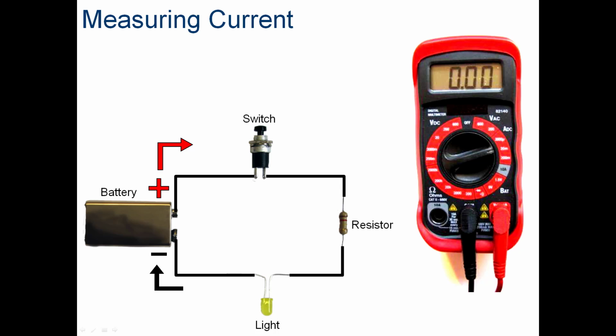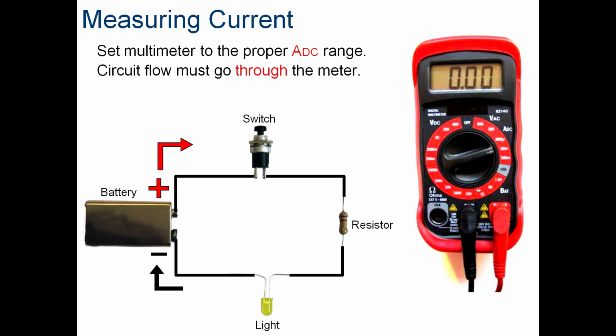So to measure current, what I have to do is set my meter to the amp range. Now we're DC in this example, so it would be ADC there. And I have to measure the current flowing through the meter, so I have to interrupt the circuit. In this instance, I take the wire out between the switch and the resistor, and I connect my meter.